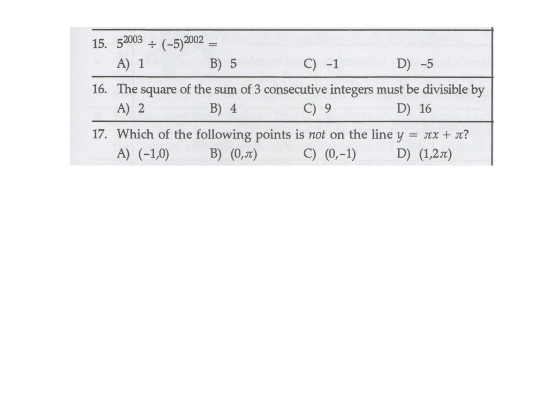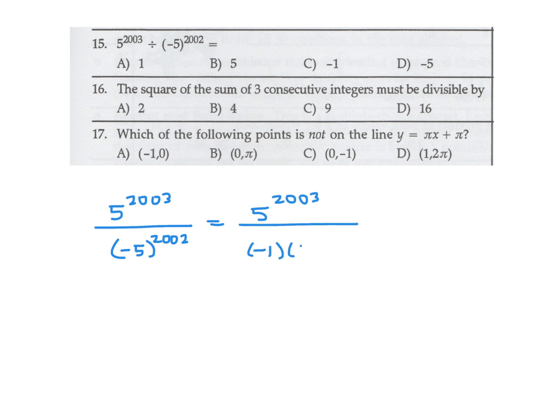5 to the power of 2003 divided by negative 5 to the power of 2002. Okay, so we got 5 to the power, that doesn't change for now. Let's break this up into negative 1 and 5, and each of these goes to the power of 2002, like that.